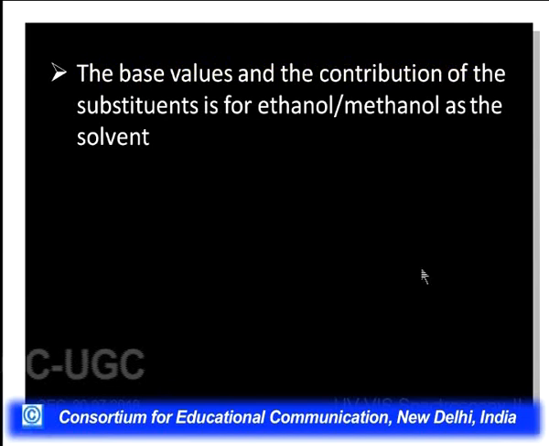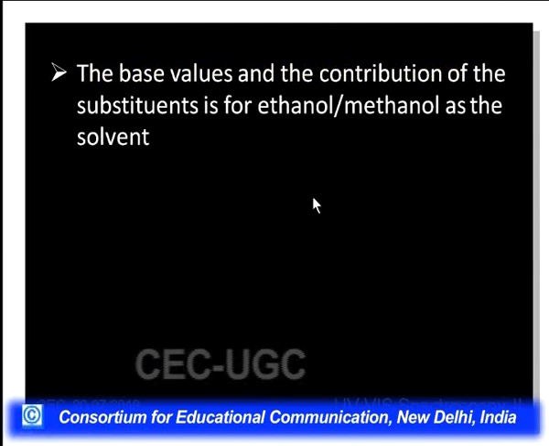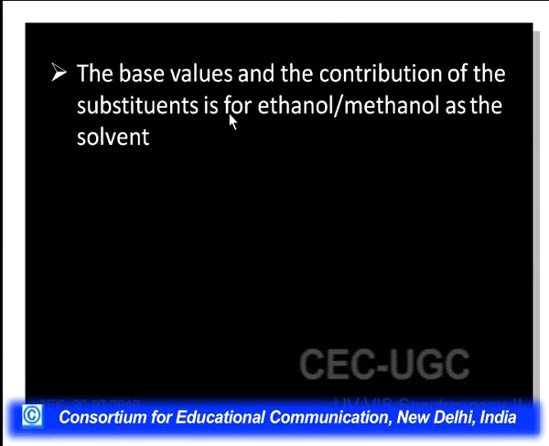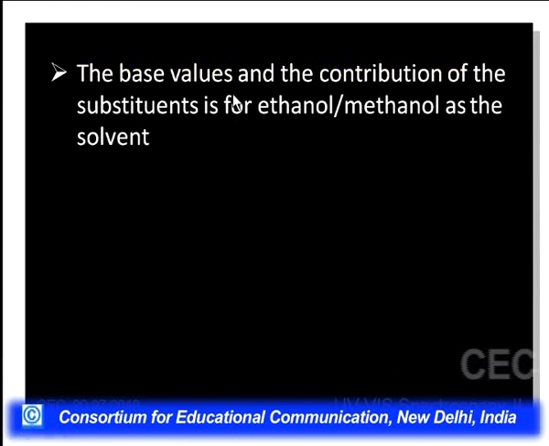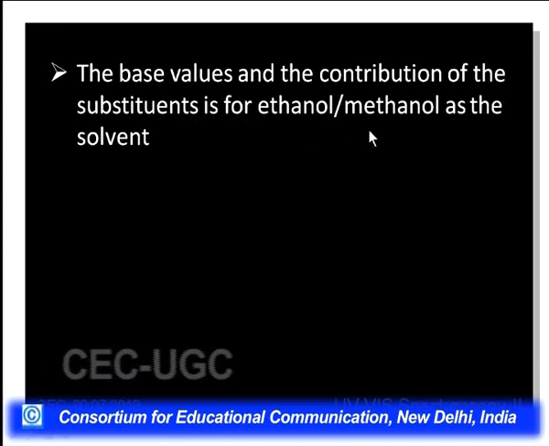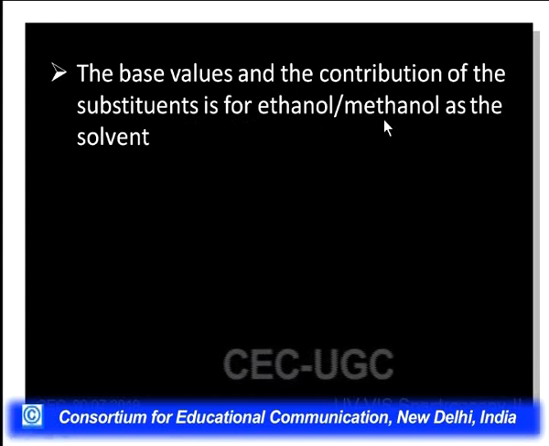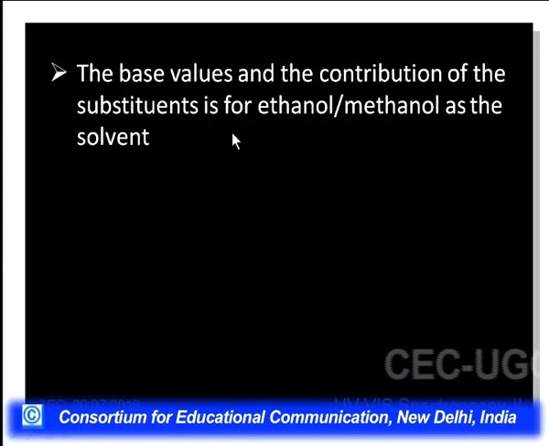Okay, so how do I compute the lambda max values here? We start with the base value and look for the contribution of substituents. Since the base values are in ethanol or methanol, we do not do any addition there. We just take the values as they are, and then to this we add a correction for the solvent.